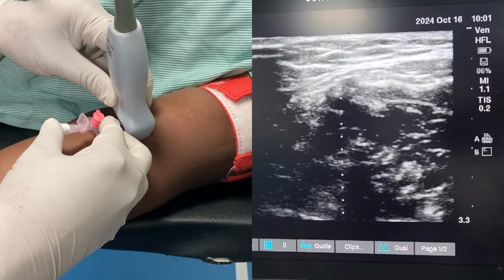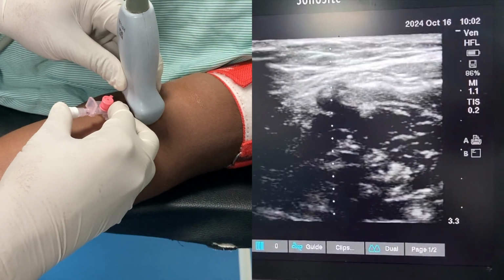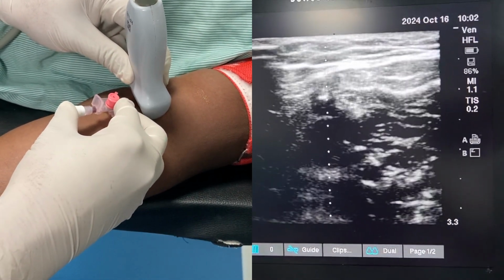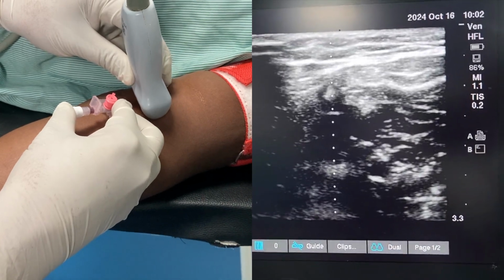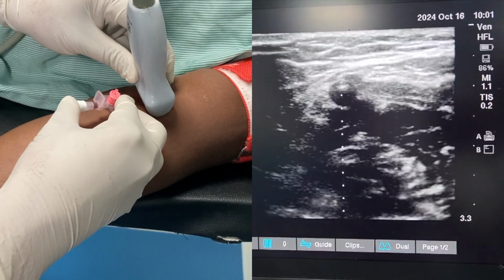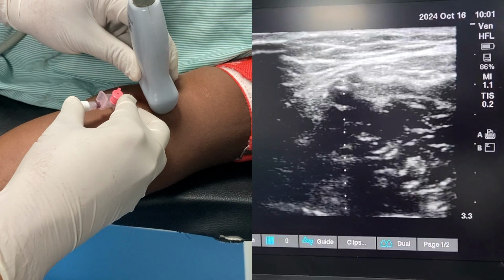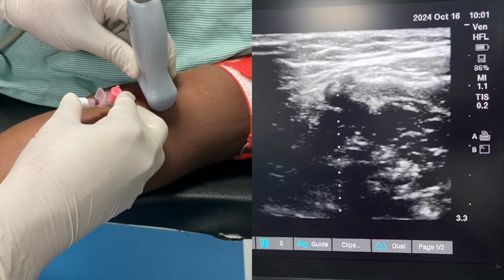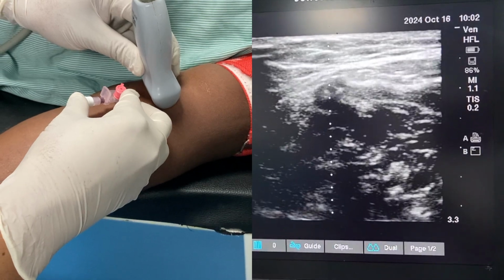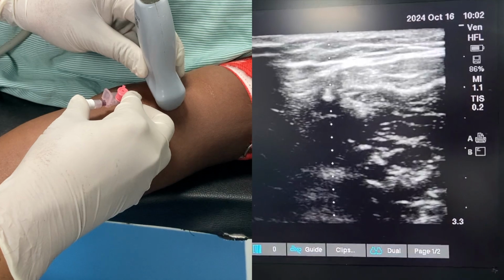So next step is I have to reduce my angle of cannula, and I slide my probe proximally and continue advancing the cannula and visualizing the needle tip into the lumen of vein. Here you can see my needle tip is continue in the lumen of the vein.